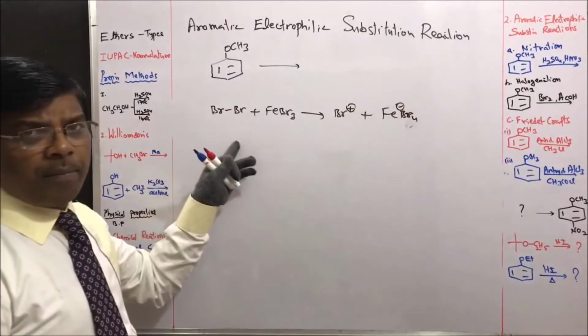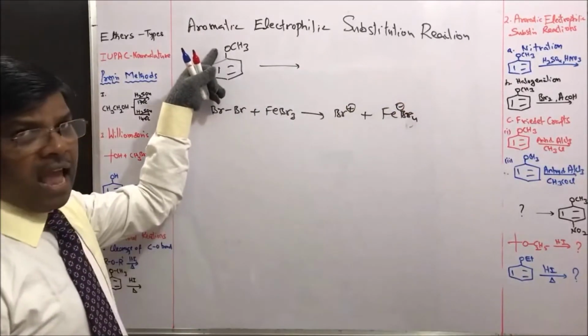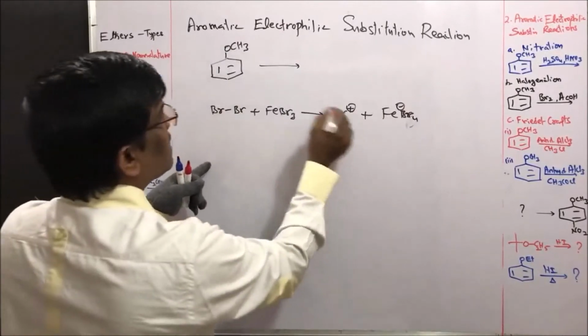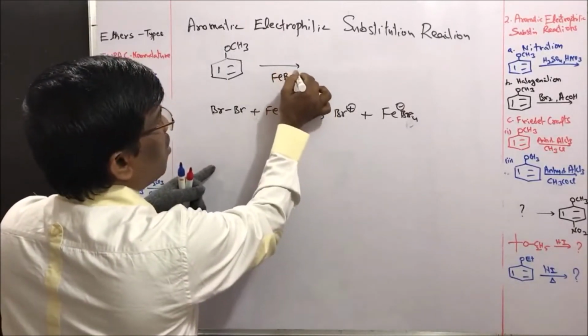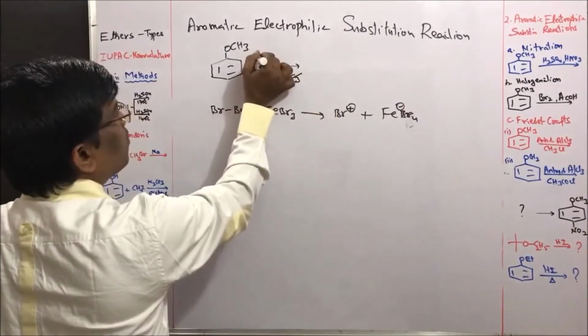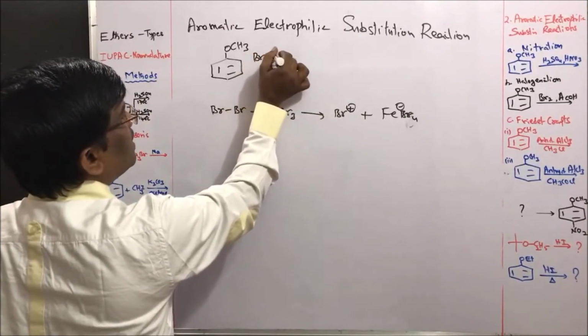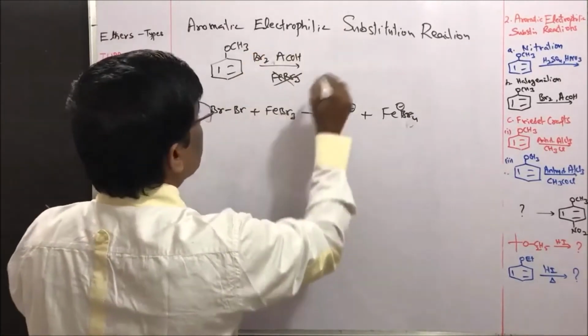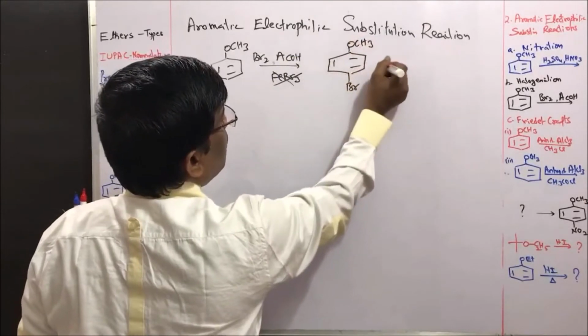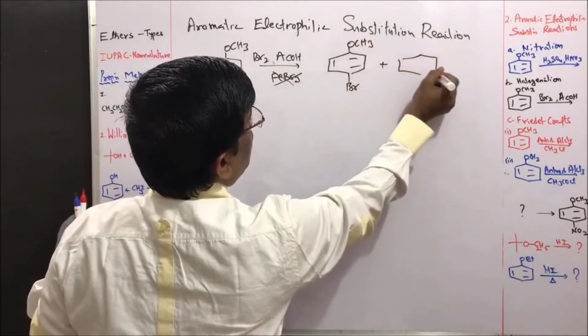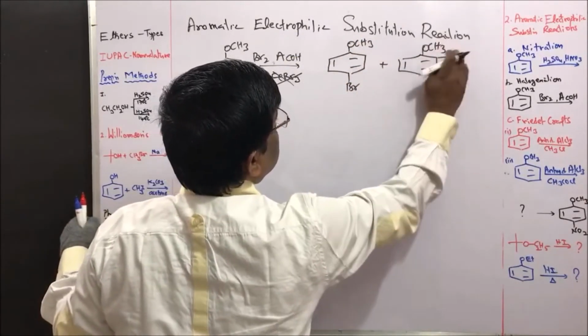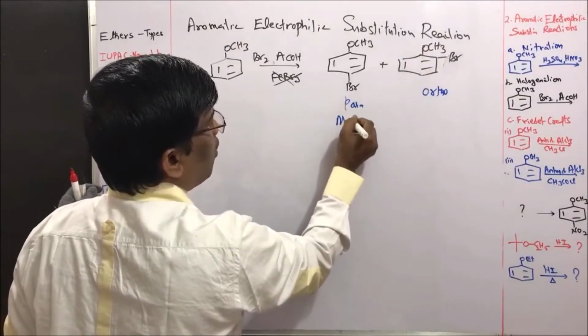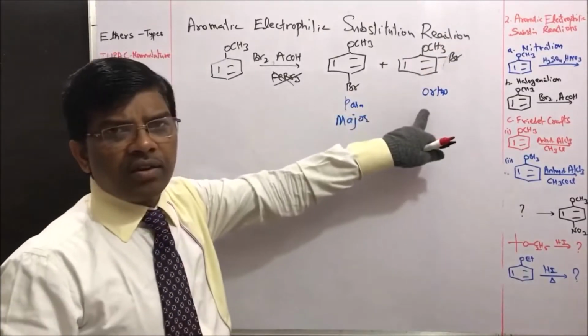So this is the usual pattern, but this is a highly activating group. So in this case, ferric bromide is not required. Simply take bromine in acetic acid, and this is going to form the para bromo compound and the ortho bromo compound. In this case, para is the major product, whereas ortho is minor.